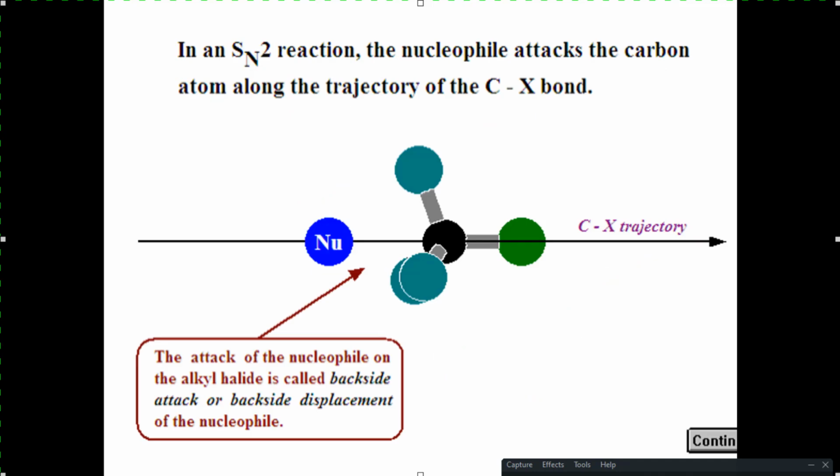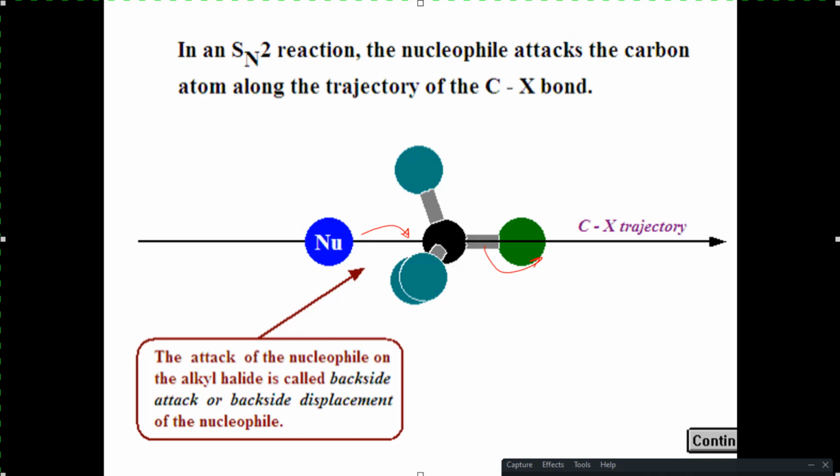Okay, so how does this mechanism occur? In an SN2 reaction, it occurs by what is called backside attack or backside displacement. So this nucleophile is going to come in and attack this carbon and kick off the halogen.